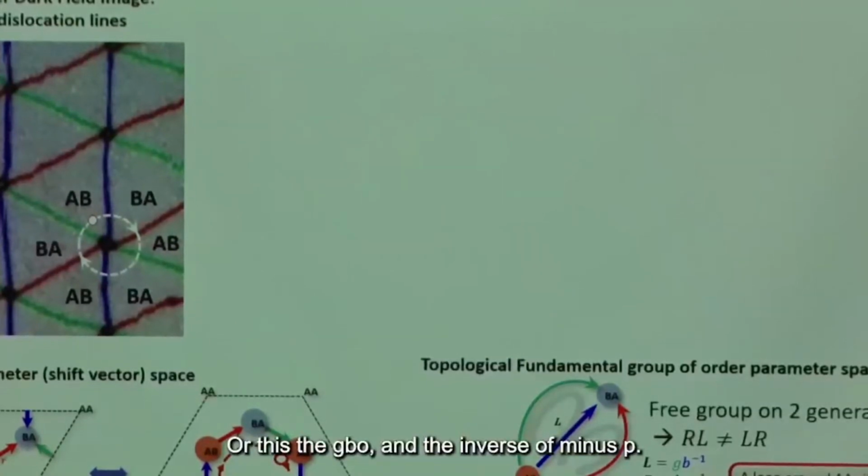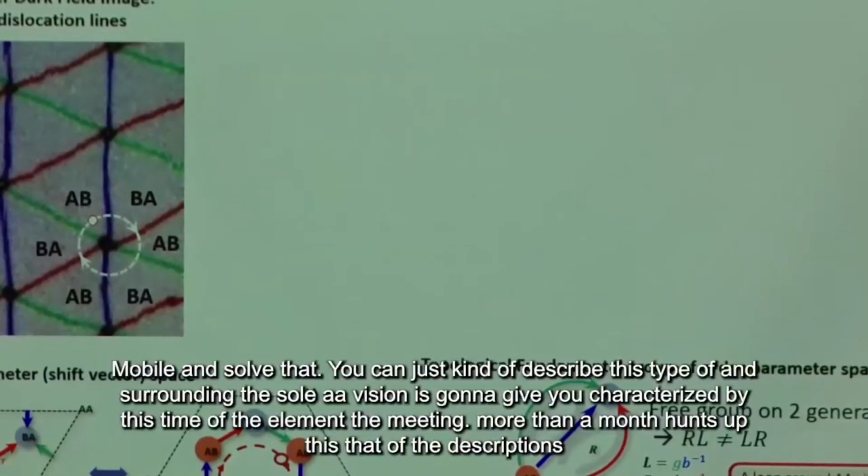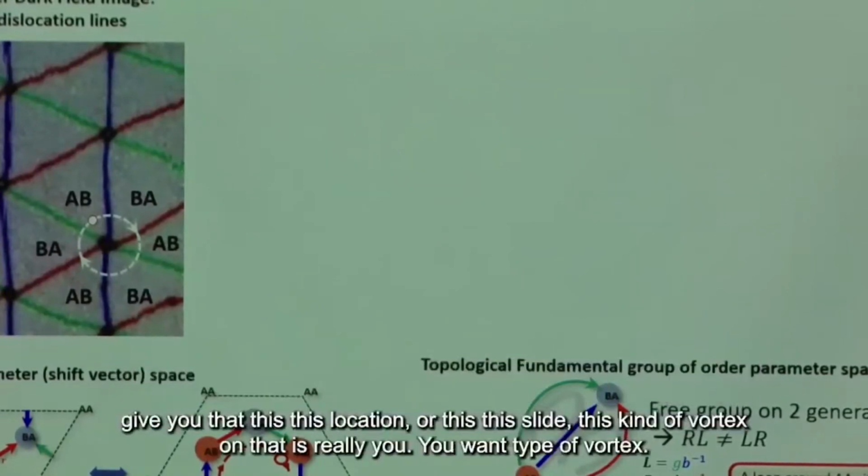And surrounding this circle, the AA region is characterized by this type of element, the minimal element. It turns out this type of description gives you that this dislocation line is a kind of vortex, but unlike the usual type of vortex where an integer number is associated, this type of vortex has a non-abelian characteristic, right?